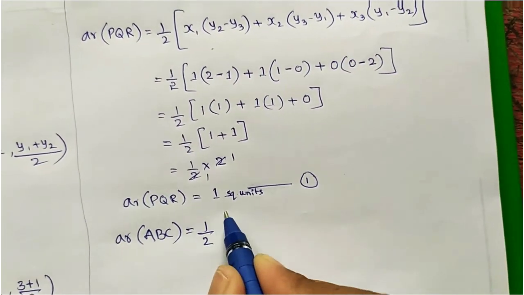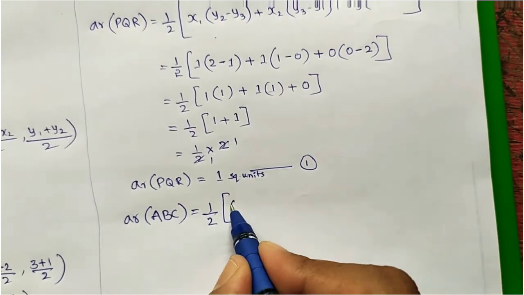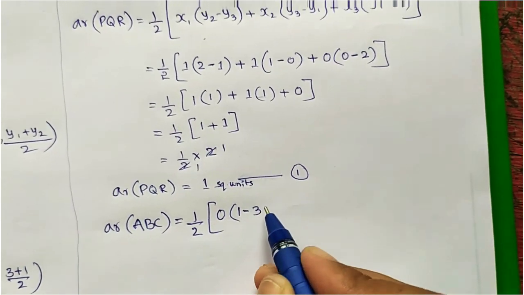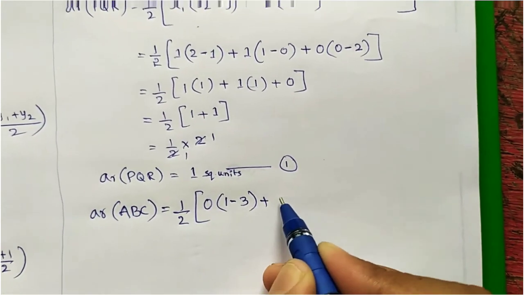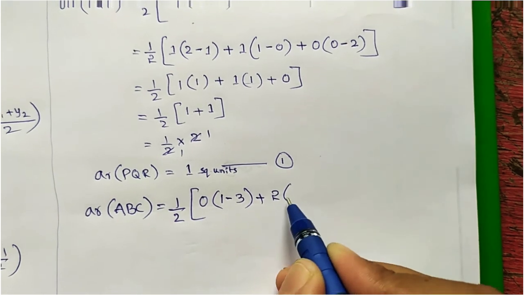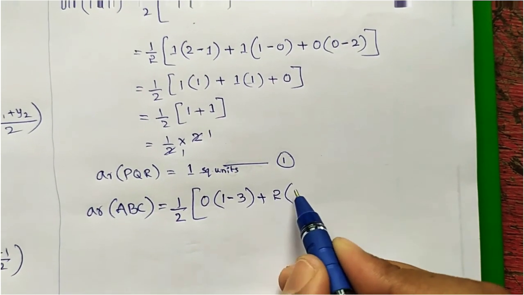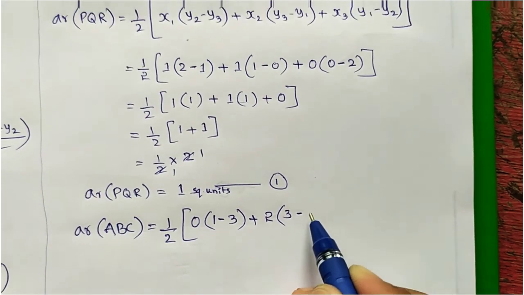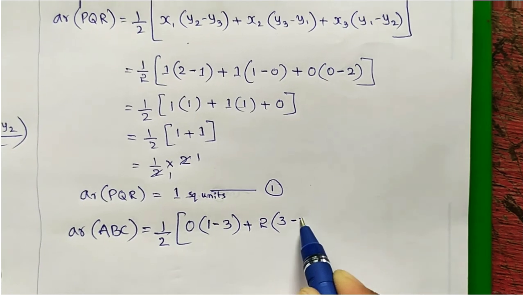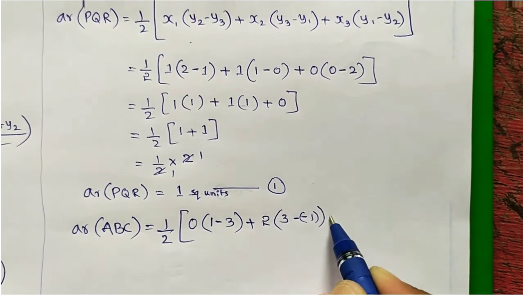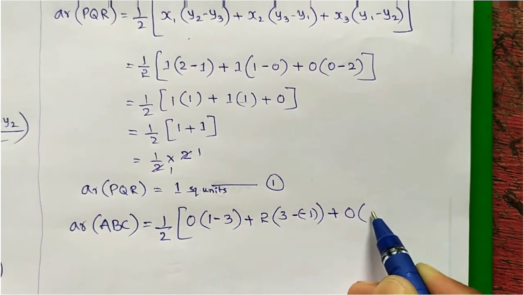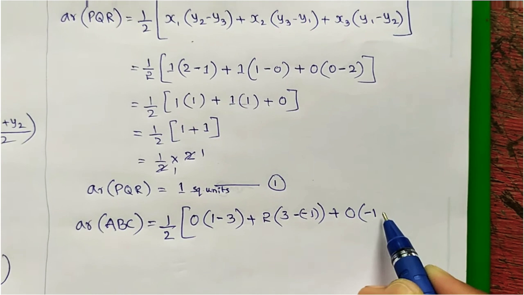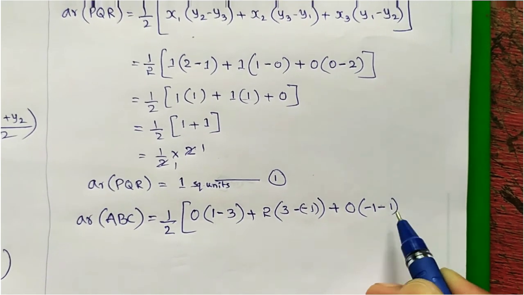1 by 2, x1, what is that? 0, y2 is 1 minus 3 plus x2 is 2. Okay, so next y3 is 3 minus y1 is minus, what will we get? Minus of minus 1, plus x3 is also 0, y1 is minus 1, y2 will be minus 1.